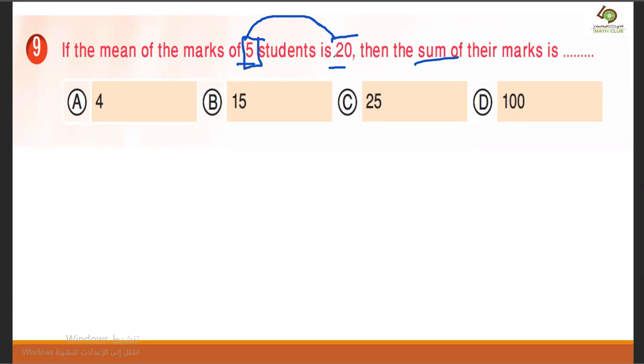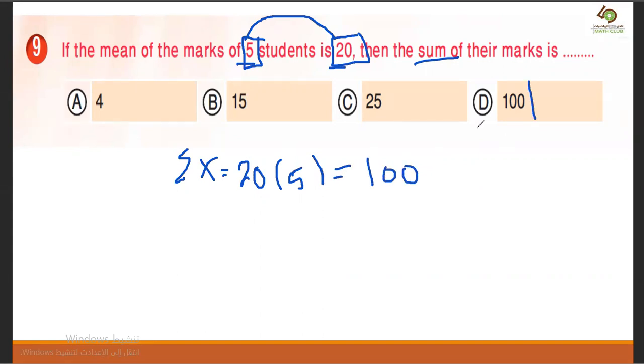Then the sum of x equals 20 times 5. Only this rule. Then the answer is 100. So the answer is D. You see? Is it okay now? You multiply it only.